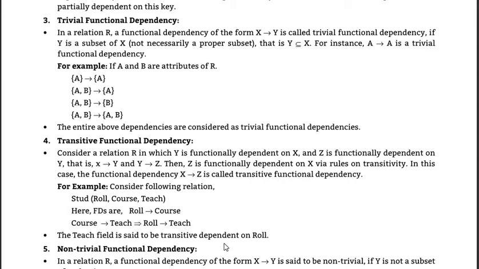For example, A determines A is a trivial functional dependency. If A and B are the attributes of R, then A determines A, B determines B, A and B determines A, and A and B determines A, B. In maths you have seen how subsets work.